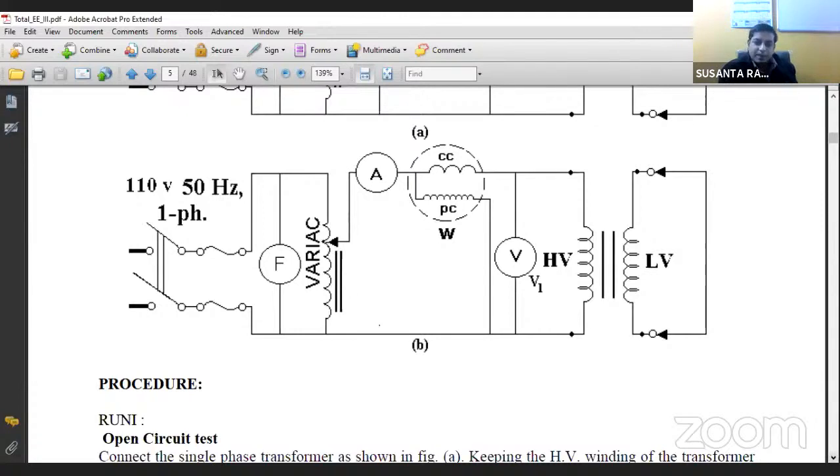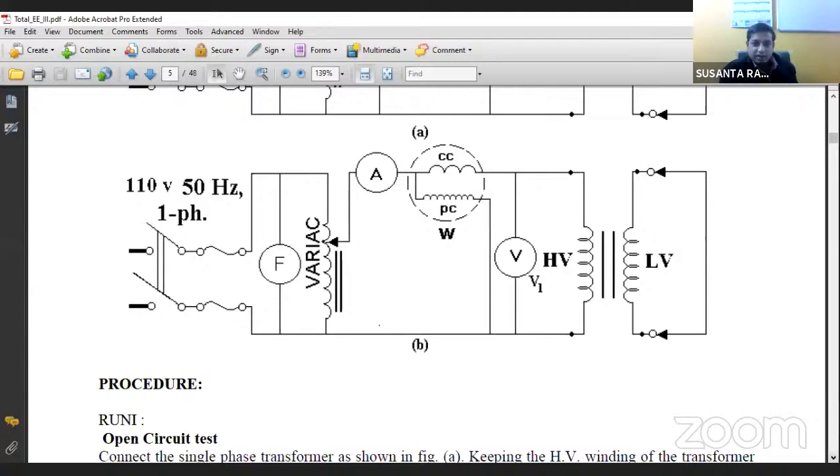The first thing that you should say is that, unlike the open circuit test, the short circuit test must be performed at rated current. So the open circuit test is performed at rated voltage and the short circuit test is performed at the rated current.